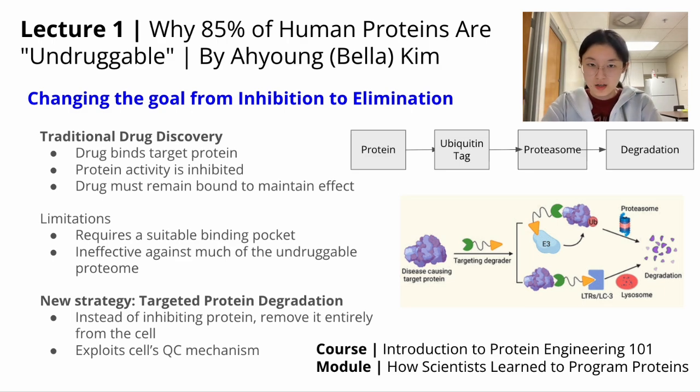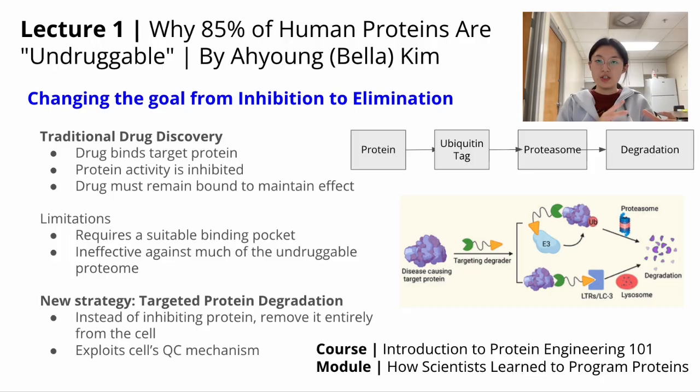So what does this mean? Traditional drug discovery methods were focused on the drug binding to the target protein, as I mentioned earlier, and the protein activity is inhibited, but this is only limited to druggable proteins, which is actually a big problem because undruggables constitute a large proportion of current diseases, right? The limitation is that it requires a suitable binding pocket, and these methods are ineffective against most of the undruggable proteome.